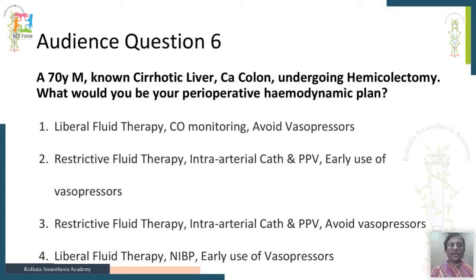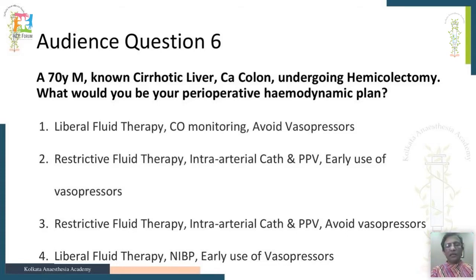Or is it restrictive fluid therapy, intra-arterial catheter in situ, pulse pressure variation monitoring, avoid vasopressors? Or is it liberal blood pressure, early use of vasopressors? What would be your ideal approach?